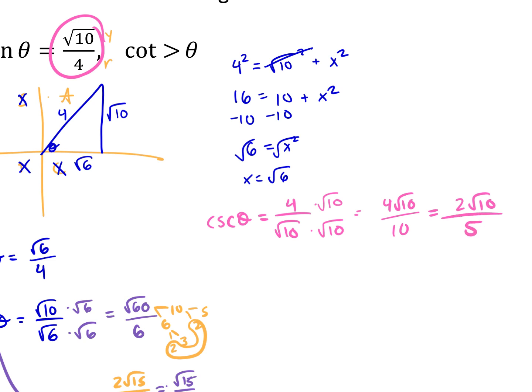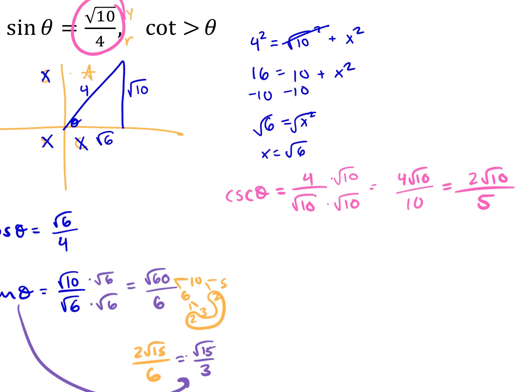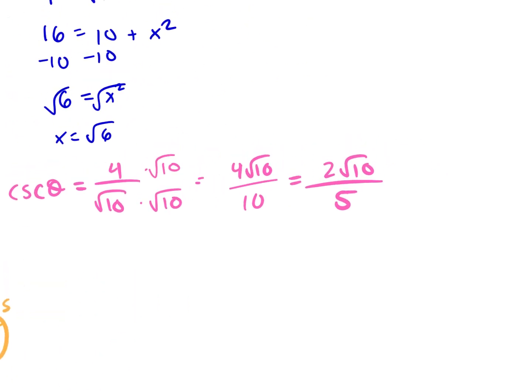You can't simplify within the radical, right? If you can't simplify the number in the radical, then you just leave it. So what are 2 factors of 10? If it's a whole number and a radical, you can't divide into it. If it's 2 radicals, can you divide and then rationalize? Yeah, so for the tangent that we had, that's what I was thinking originally.